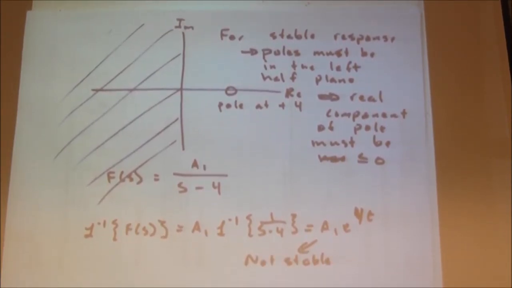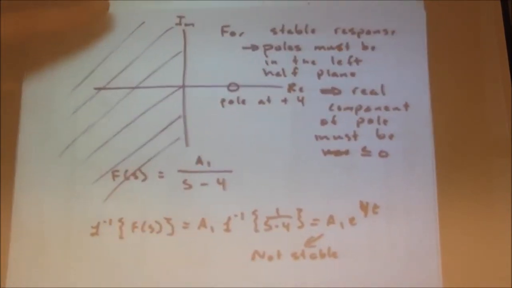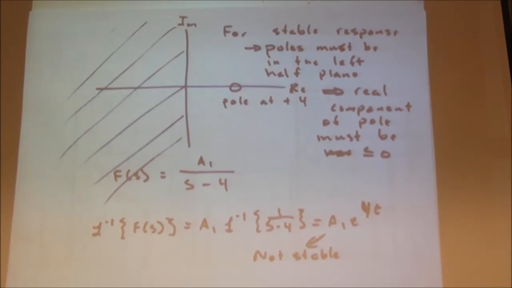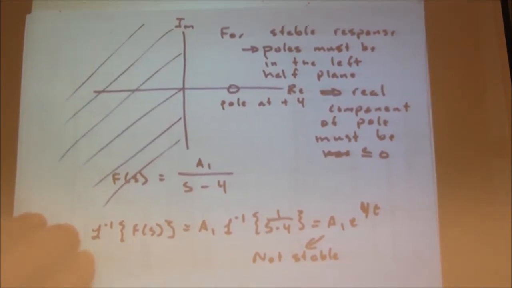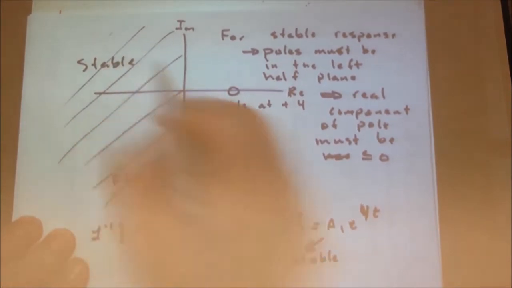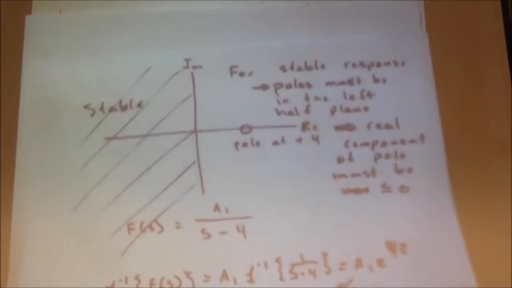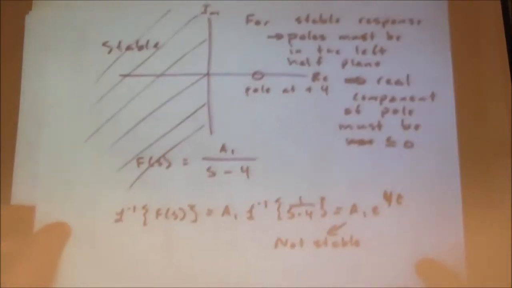So it has to be less than or equal to 0. So we cannot have positive poles, that would be bad. So this is a stable region. We have instabilities on the right hand side.